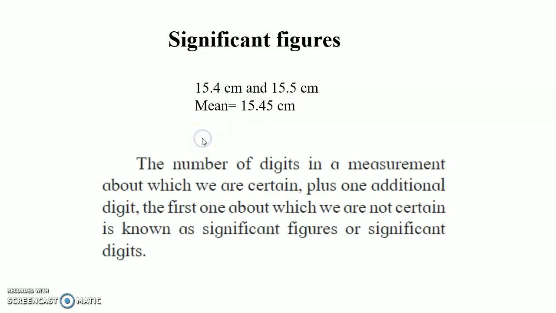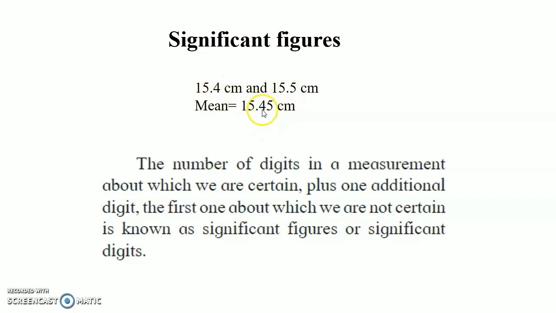So let us define what are significant figures. The number of digits in the measurement about which we are certain about, these 1 and 5 digits over here, plus one additional digit, the first one about which we are not certain. So we are not certain about 4 and 5 because it is changing over here.